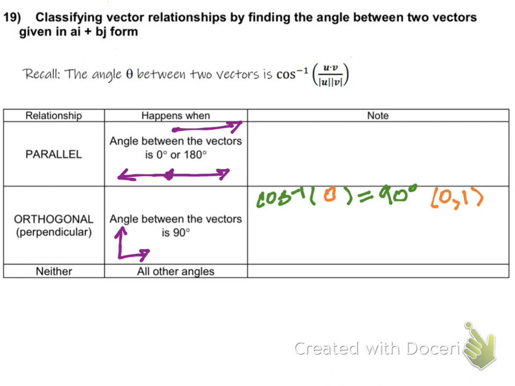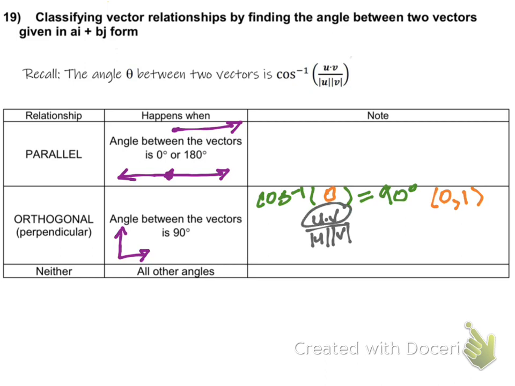So how am I going to get u dot v over the magnitude of u times the magnitude of v to be 0? Well, my magnitudes can't be 0, right? That's the length of the vector. If there's no length, then it's just a dot. It's not a vector anyway, right? So the only way for this to happen is when u dot v is 0.